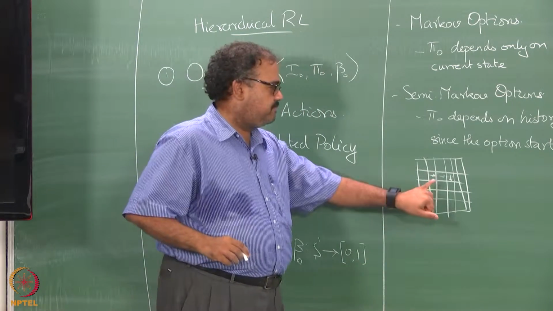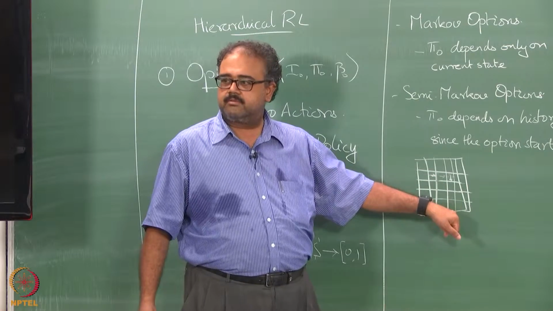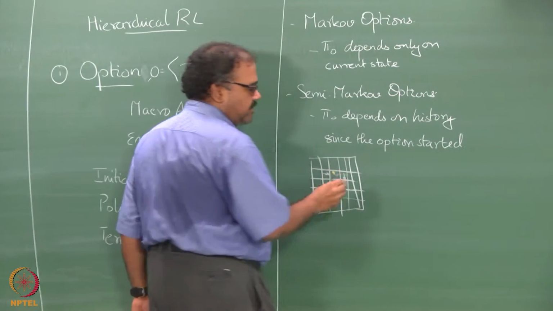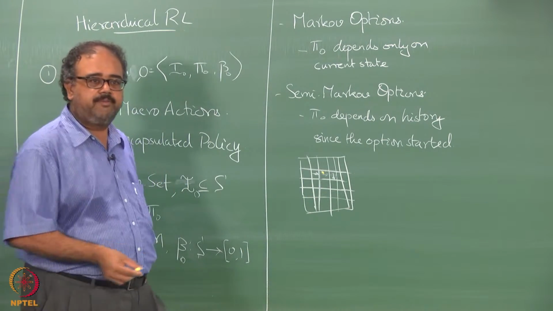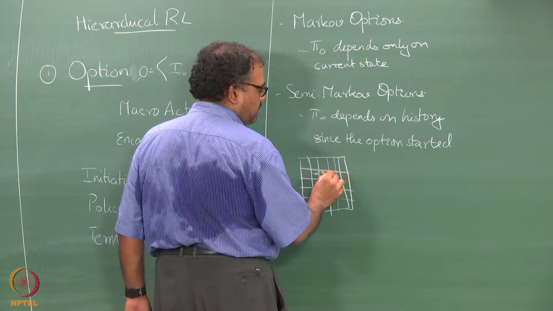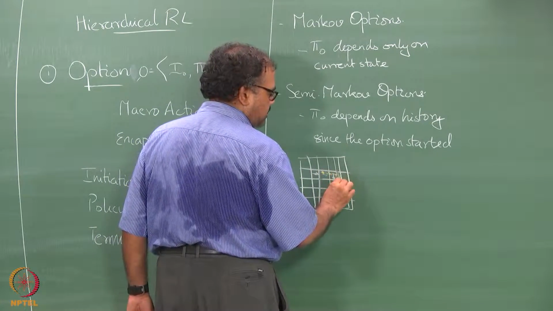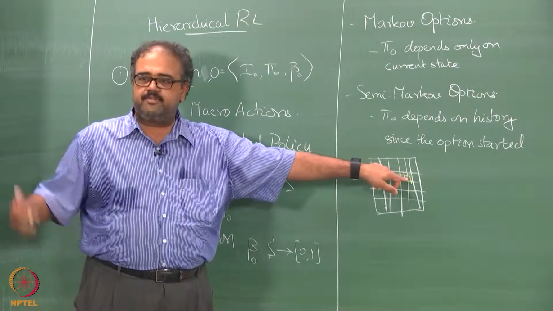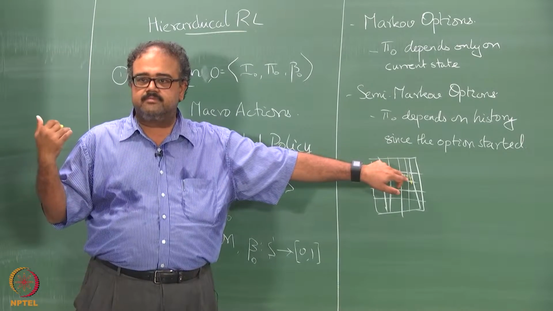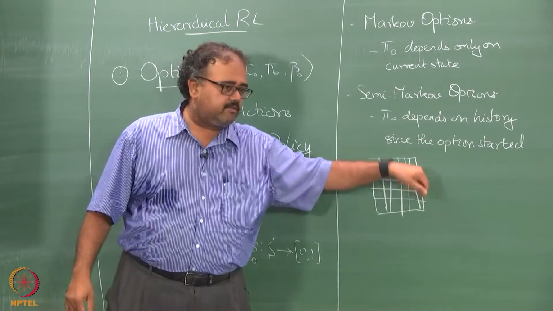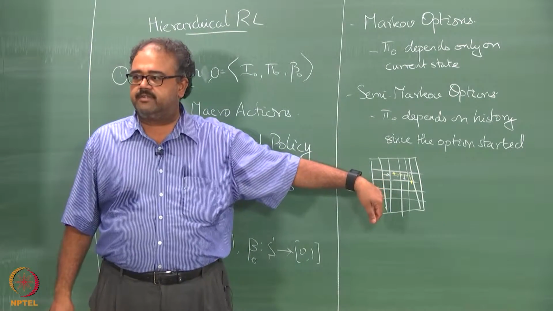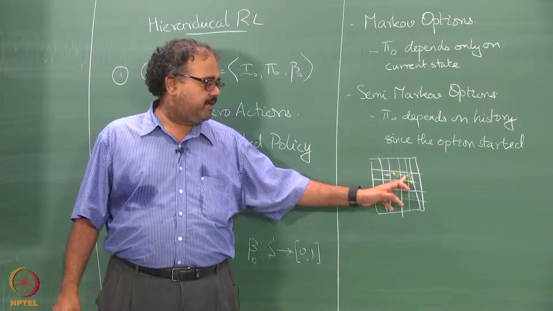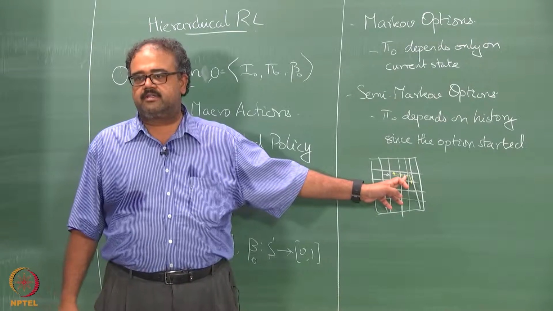So if in this state I go right, in this state I go down. But if I started the option here and said go right 2 steps and down 1 step, it will be this, and then that. So what I do in this state depends on where I started the option. Whether I go right here or whether I go down here depends on where I started the option. If it had been a Markov option, it should not matter where I start the option. When I come to this state, I should be taking the same action.